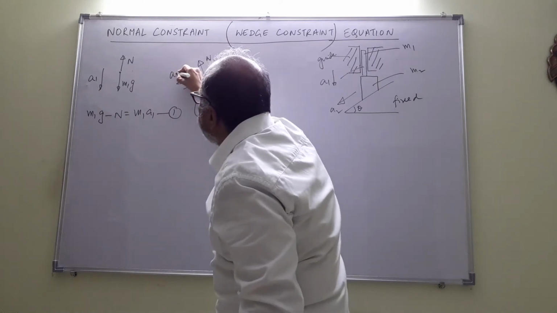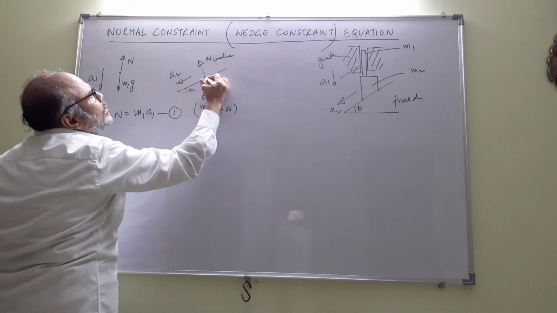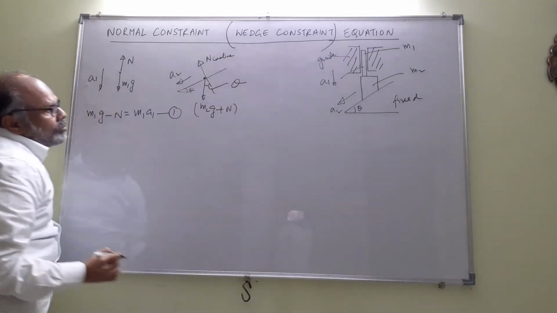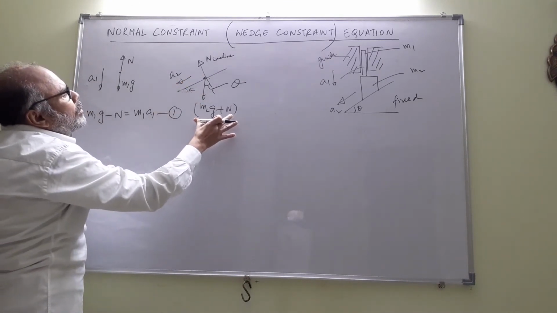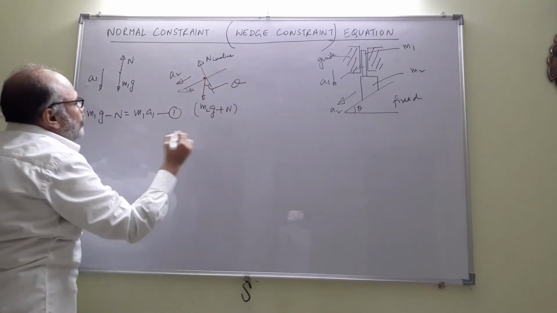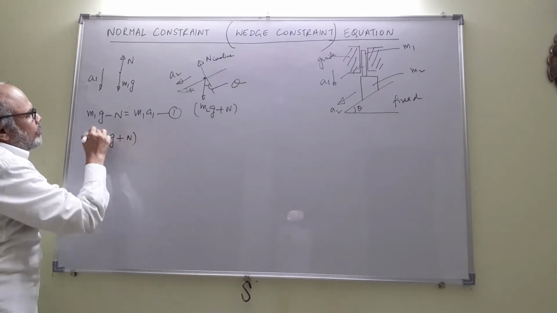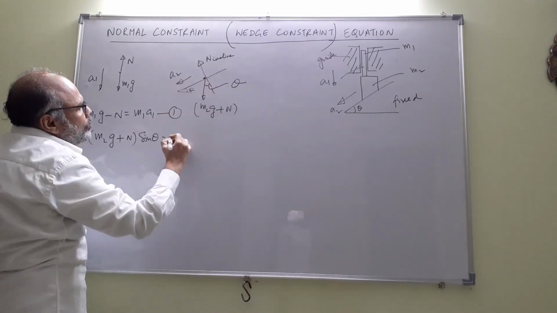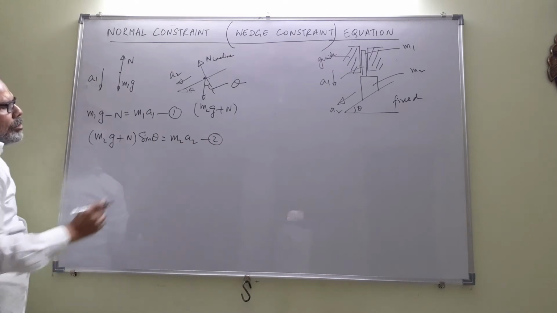This angle is theta. So along the incline, the force is going to be M2G plus N sine theta. That force will accelerate M2, so M2G plus N sine theta equals M2A2. That is the second equation.